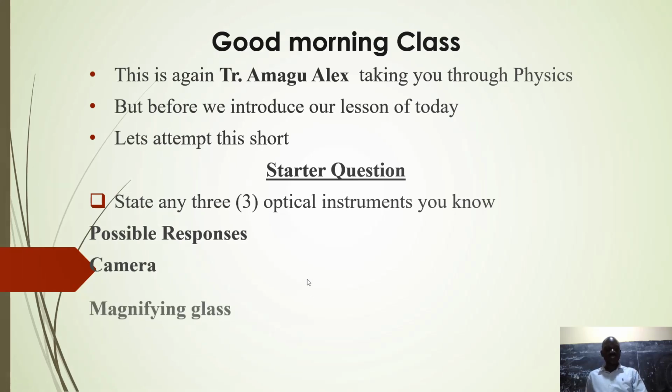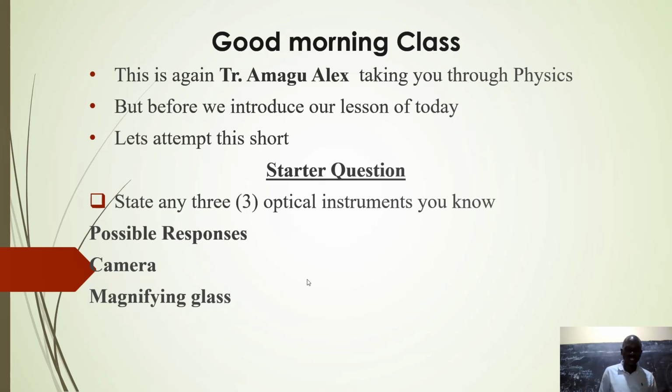The second one is magnifying glass, or someone can write a lens. Next, if someone has human eye, you also mark it right. Then another one is projector, and so on. Since the question only requires 3, you can just select any 3. Then you award the score.